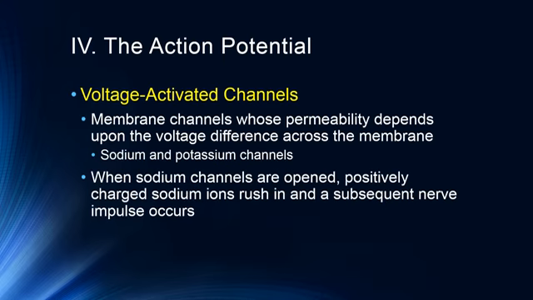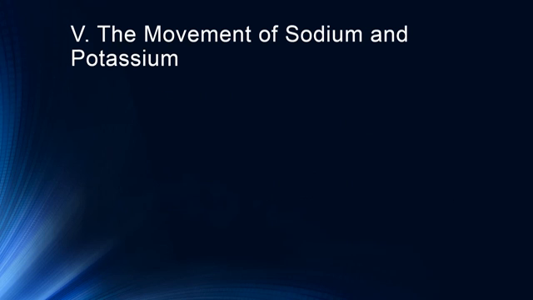These are both sodium and potassium channels. When the sodium channels are opened, positively charged sodium ions rush in, and a subsequent nerve impulse occurs. Now again, if enough sodium channels are opened, we get enough depolarization of the cell that we get the triggering of an action potential, because we will have passed the threshold of excitation.